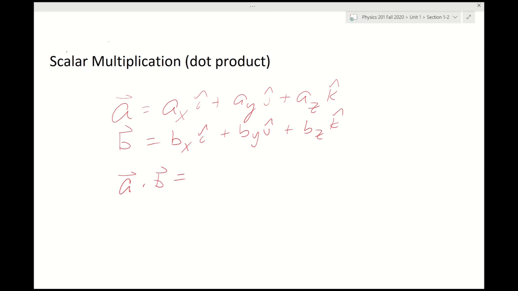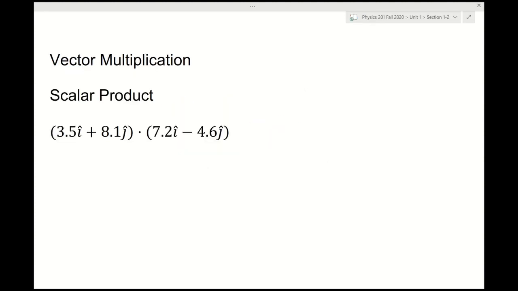Sometimes this is what we refer to when we're calling it the scalar product, or scalar multiplication. It's AX BX plus AY BY plus AZ BZ. So in this case, with two-dimensional vectors, the scalar product, the dot product, is simply going to be 3.5 times 7.2 plus 8.1 times a negative 4.6.